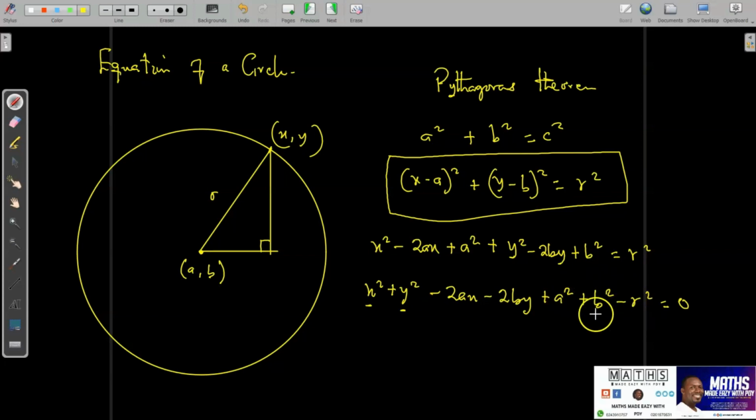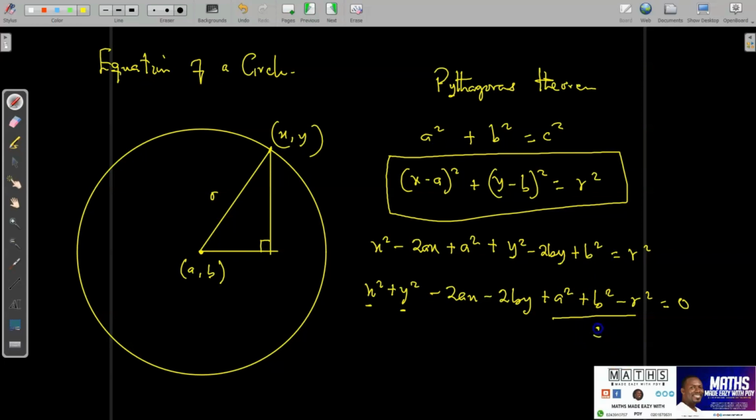They are constant values. And as I said, x and y vary from one point to the other. Therefore, a squared plus b squared minus r squared can be considered as one particular group.